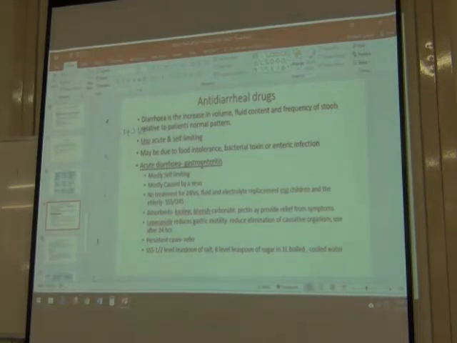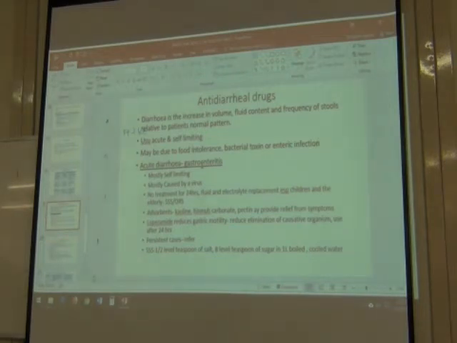Activated charcoal. You can give it for poison, and for diarrhea sometimes too, just to absorb. They just absorb the invading organism or substance.